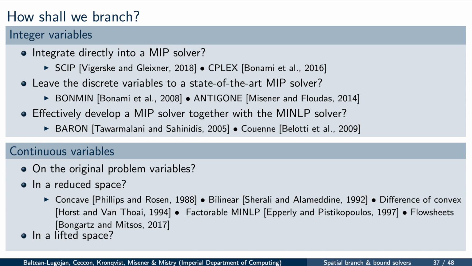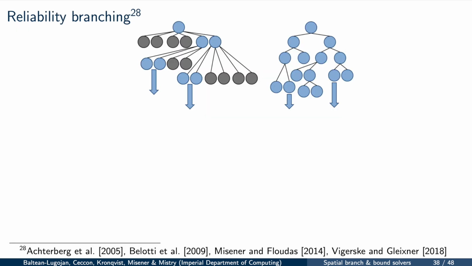In addition to branching on the integer variables, with MINLP, we will also be required to branch on continuous variables. One of the most common strategies in MINLP right now is something known as reliability branching. Basically, to begin with, I'm going to do something called strong branching, just because branching is so expensive.